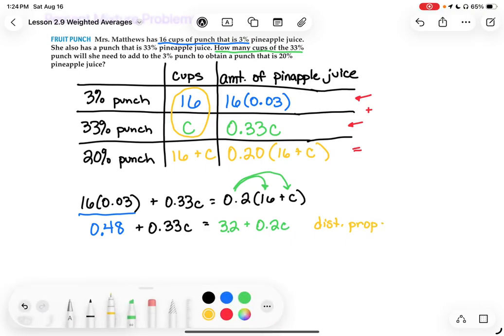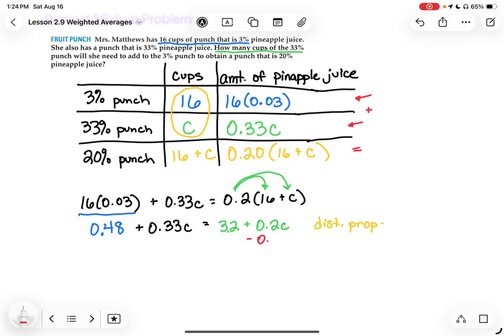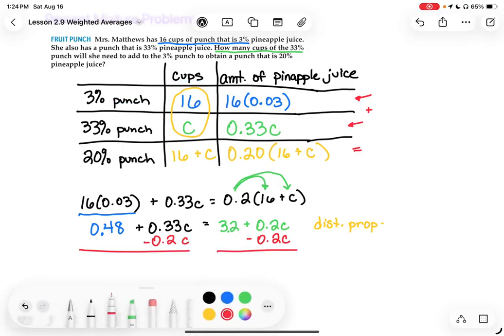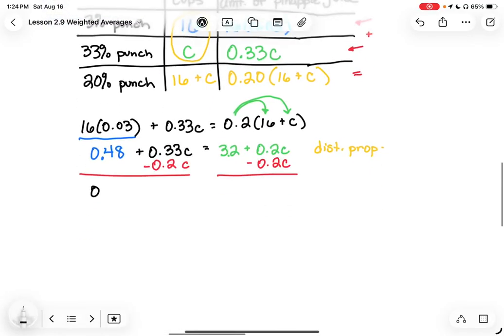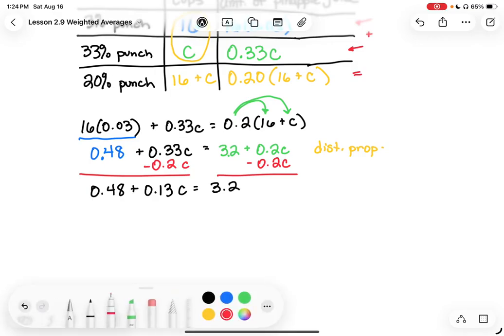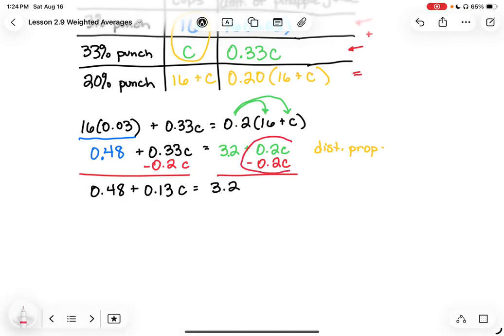So let's go ahead and subtract on both sides. We will subtract the smaller of the two coefficients so that we end up with a positive C. So that's going to give us 0.48 plus 0.33 subtracting 0.2 is going to give us 0.13C equals 3.2, and then 0.2C minus 0.2C, of course, is going to cancel.